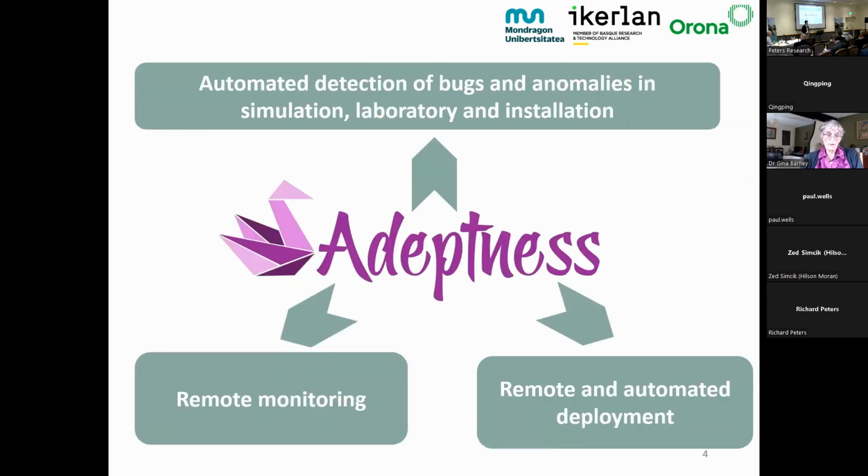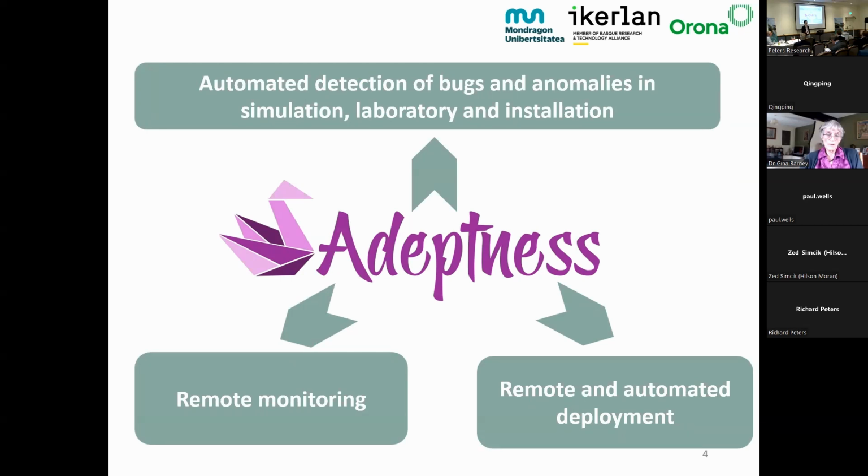So what we have carried out through the Adeptness project, which is an H2020 project, is to provide a first solution to automatically test and validate new software versions using simulation, and this way automatically detect bugs and anomalies before the software is in production.